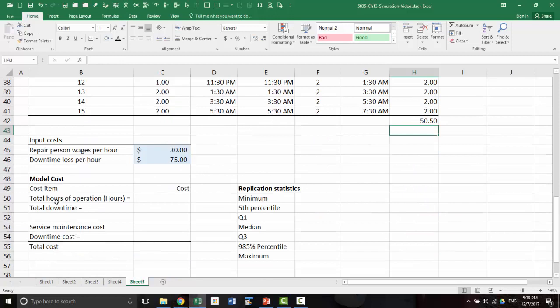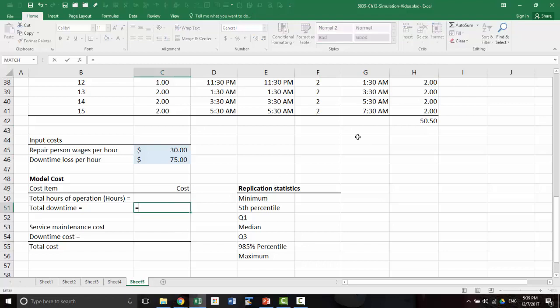So total downtime cost, okay. So downtime is that, and downtime cost is that times that.